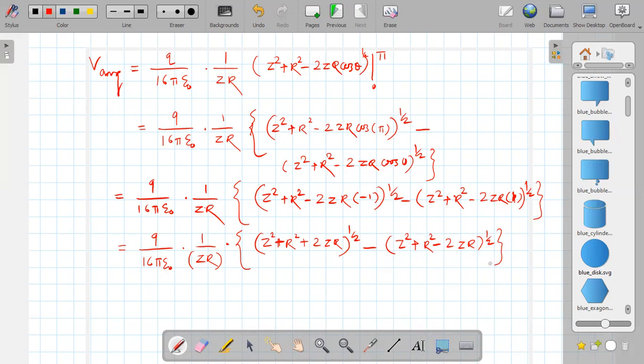And therefore we can write, see, for this we can write z plus r bracket square. For this we can write z minus r bracket square. Okay, and therefore we can write like this.